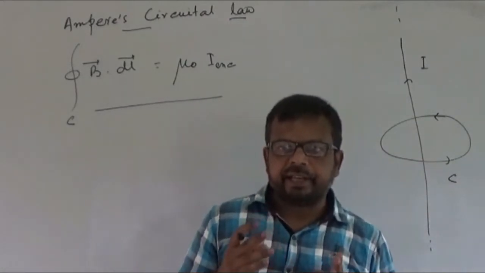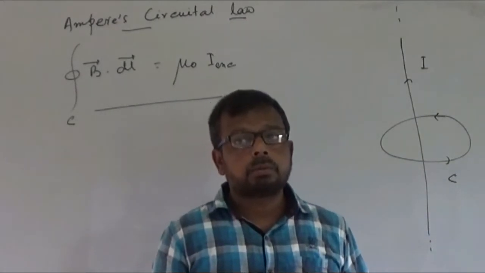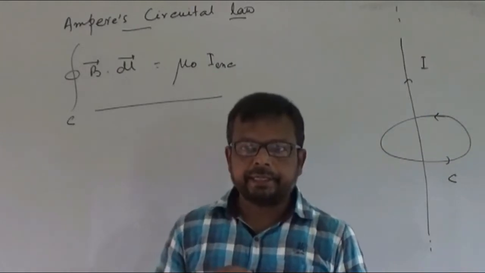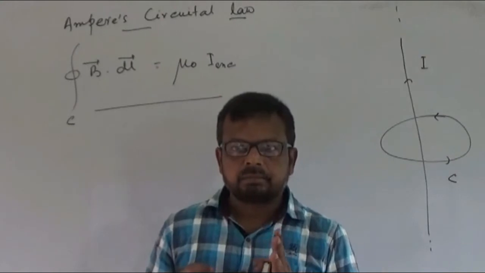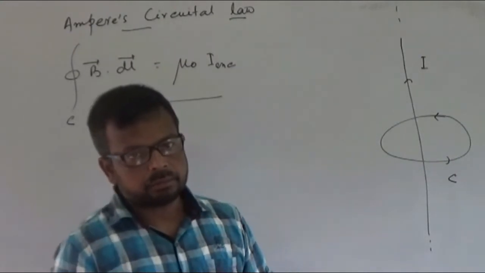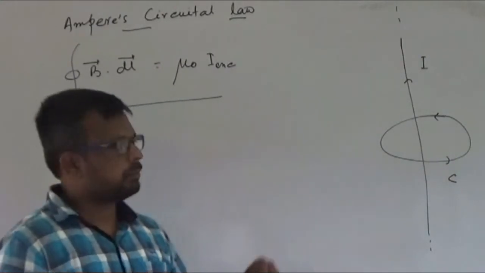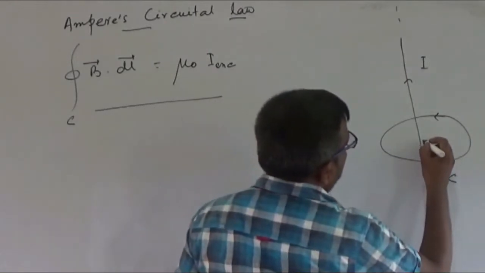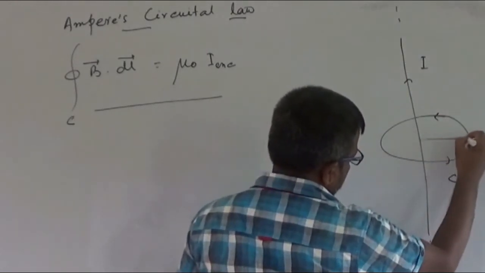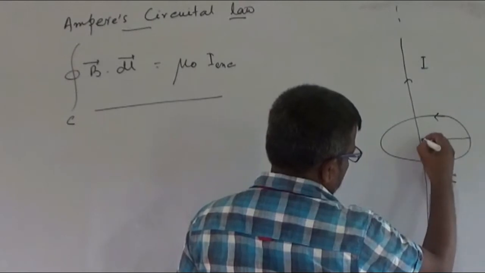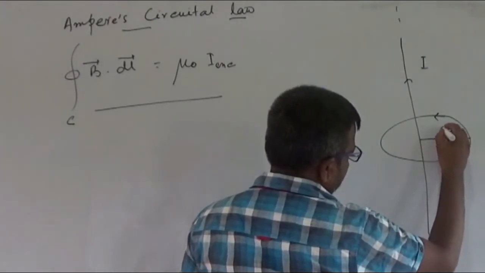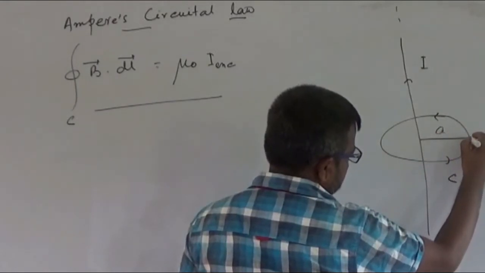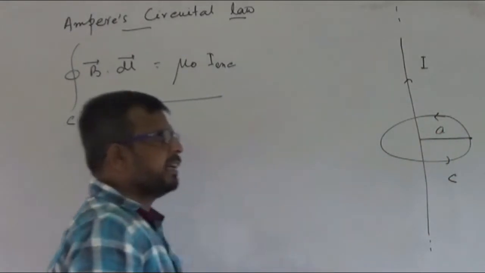The magnetic field due to this current carrying conductor at a distance a is given by, we have already calculated that. If we take a circular path of radius a, at this point what will be the magnetic field?